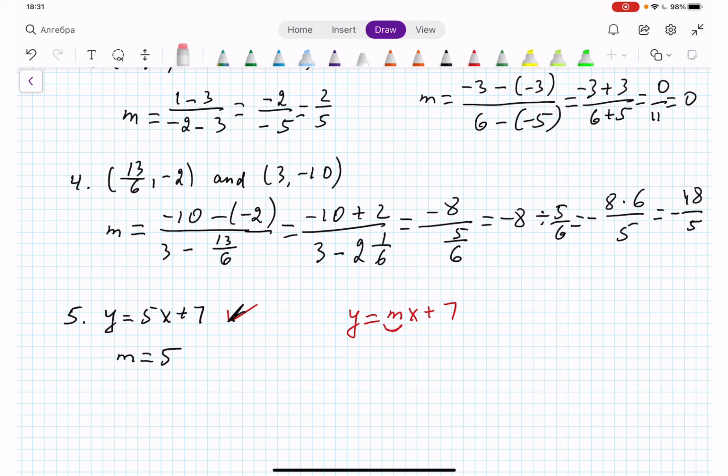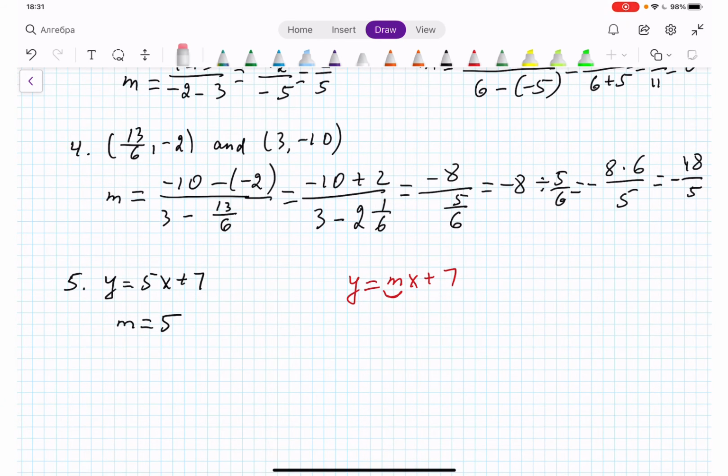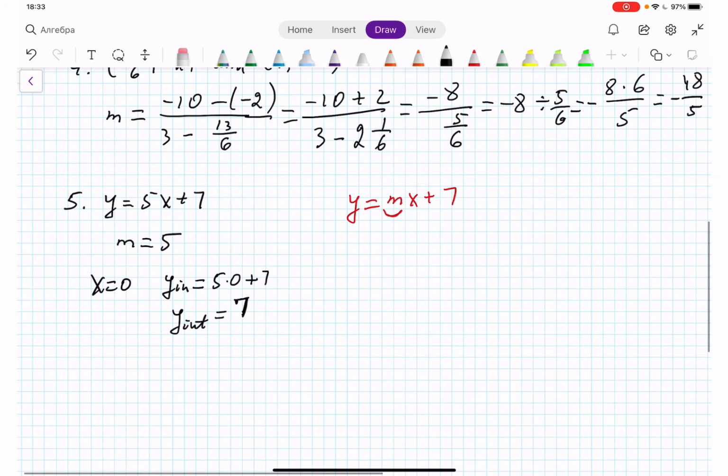And y-intercept, to find y-intercept, we always have to take x 0. And y-intercept is equal, what, 5 times 0 plus 7, right? So y-intercept is equal 7, which means if we write down in the format of coordinate, because intercept is a coordinate, it's going to be 0 and 7.